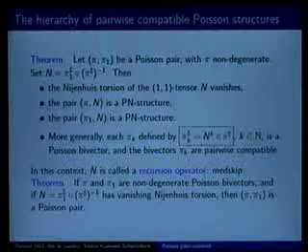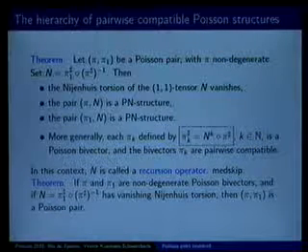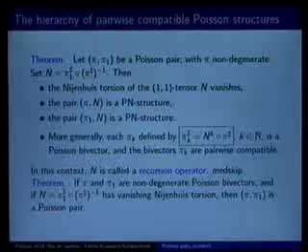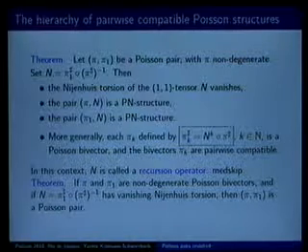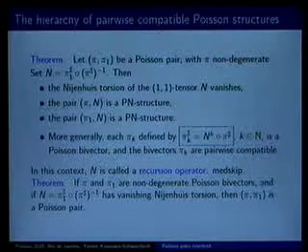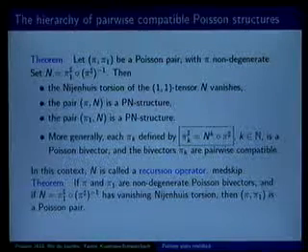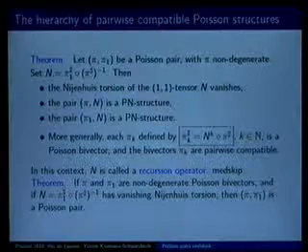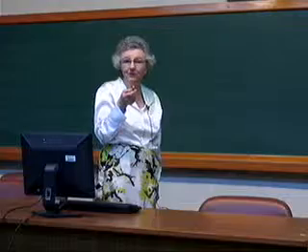And of course, the first thing that you have to prove is that when you have a Poisson pair, sorry, I wrote it here, but I didn't say that if you want to have a PN structure out of a Poisson pair, you somehow have to be able to build that Nijenhuis tensor or future Nijenhuis tensor.